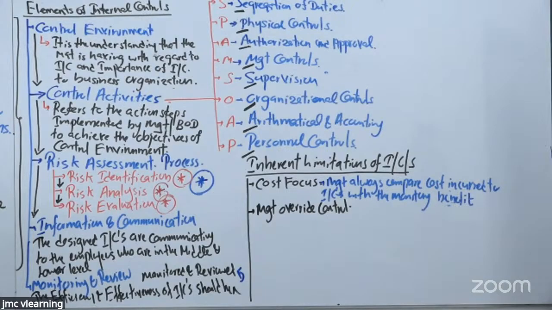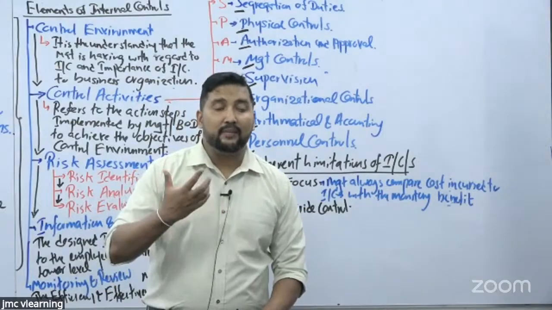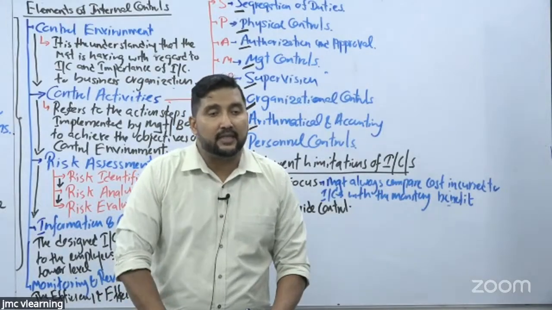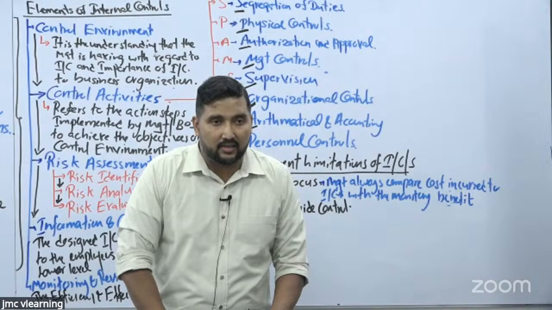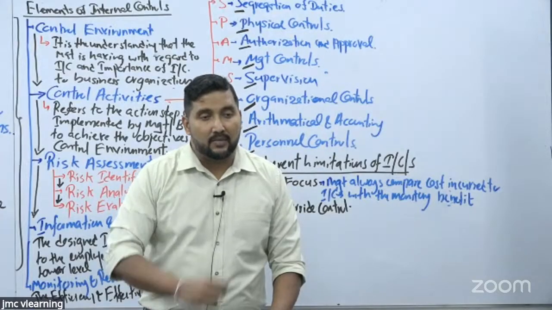What do you mean by management overriding the control? So who will be responsible for the implementation of internal controls in the business organization? The management. Management will be responsible for the implementation of internal controls in the business organization.